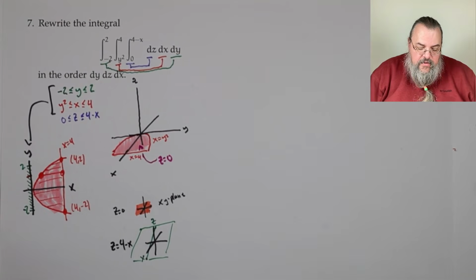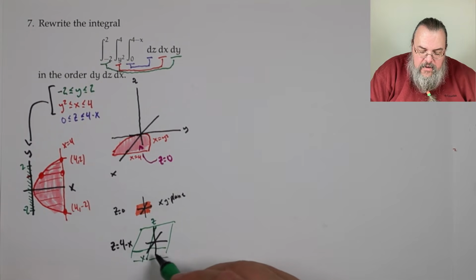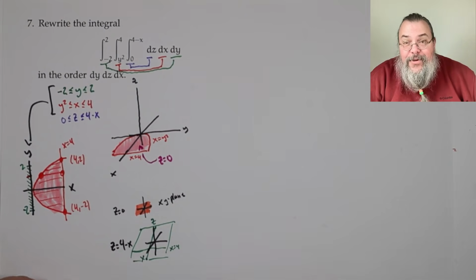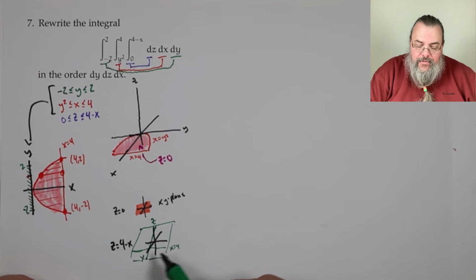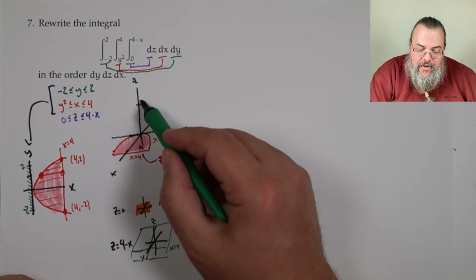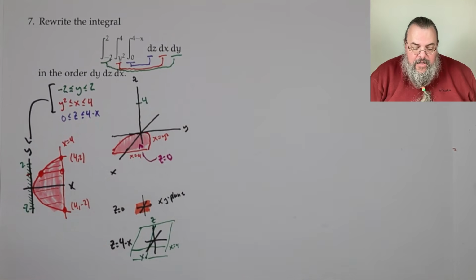And where does it hit? It hits the z-axis here at 4. So this is x equals 4. Sorry, not the z-axis, excuse me. Where are we hitting the xy plane? Well, along this x equals 4. And then we hit the z-axis at positive 4. So what does this look like?